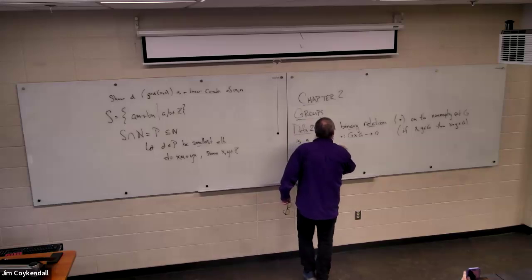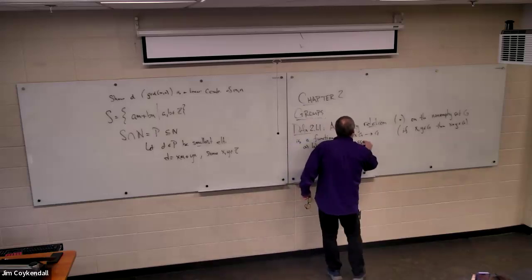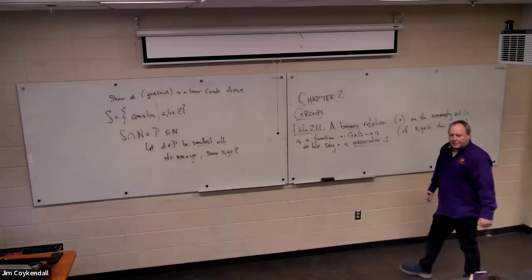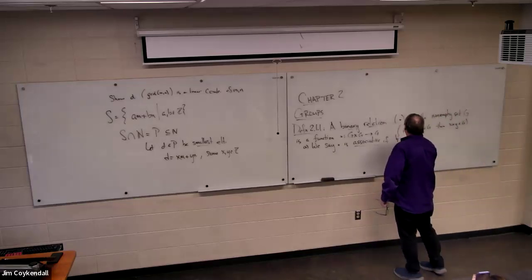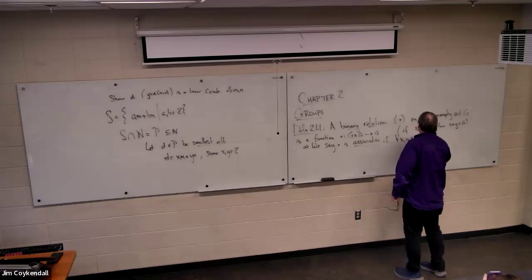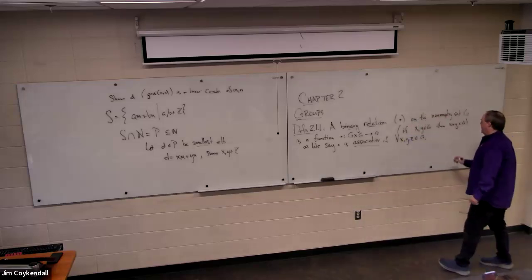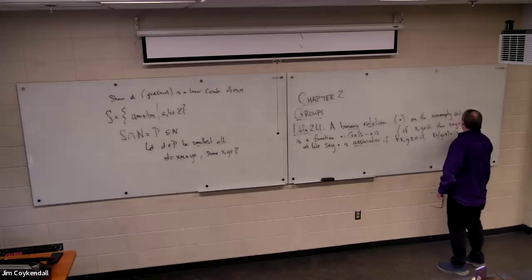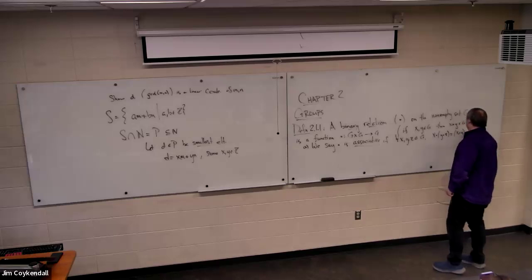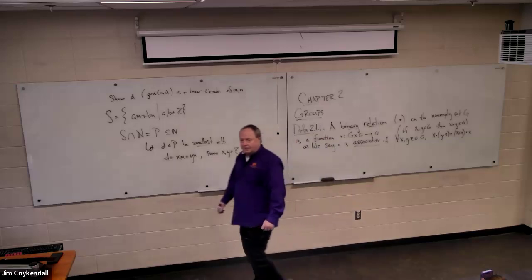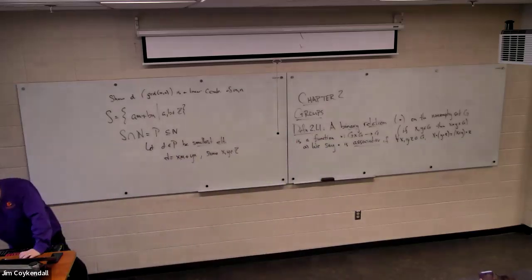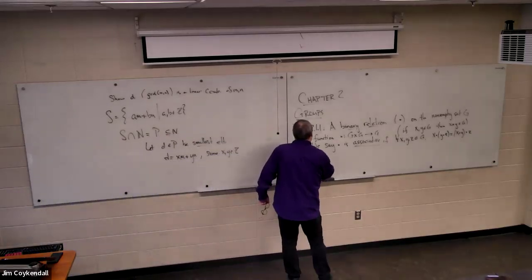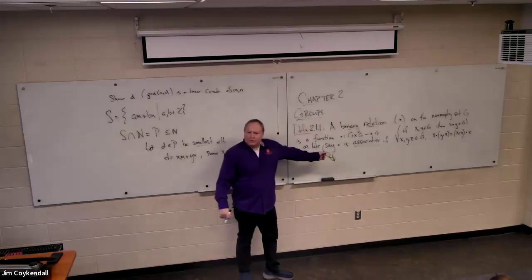We say this operation is associative if for all X, Y, and Z in the set G, (X circle Y) circle Z is X circle (Y circle Z). How many of you have ever seen associativity before?